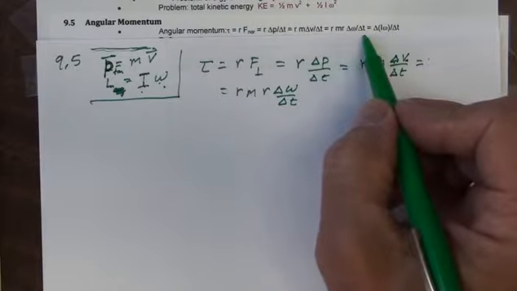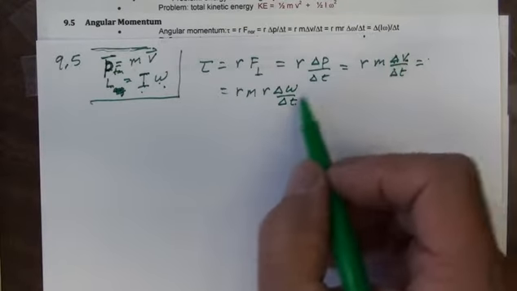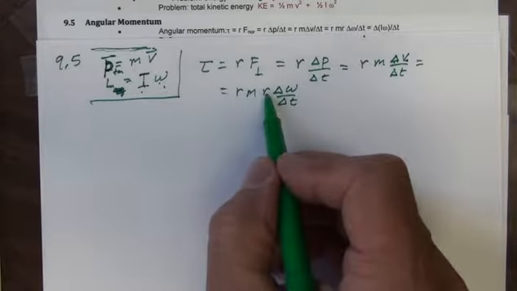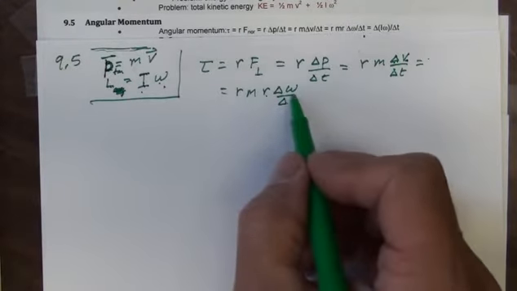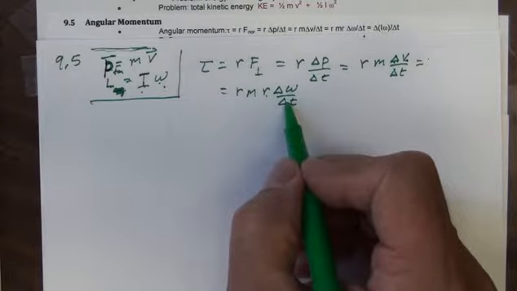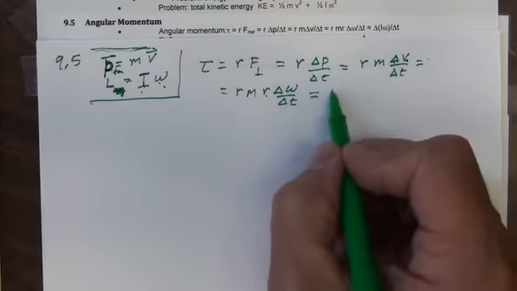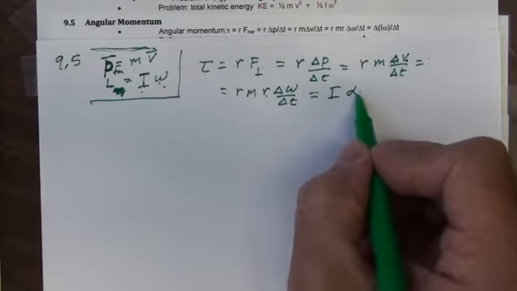And now we've got the change in omega over change in time. And if we look back here, this is m times r squared, and this is alpha. And so this is going to be, on the one hand, I times alpha.